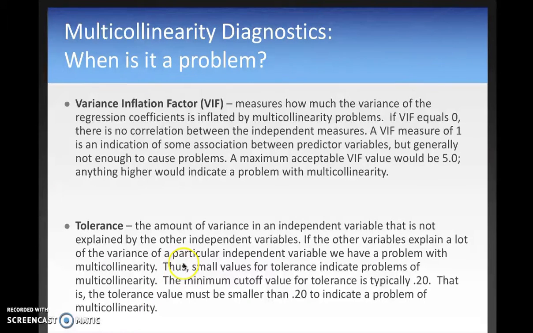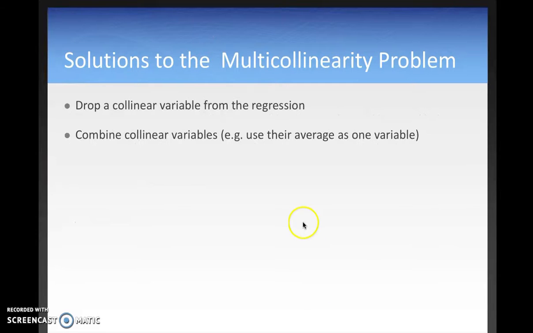For the diagnostics of multicollinearity, we have two indicators, VIF and tolerance, that can help us decide if we actually do have a multicollinearity problem. The VIF rule of thumb is that it should be smaller than 5, and the tolerance should be larger than 0.20. If it's smaller than 0.20, then we have an indication that we have a problem of multicollinearity. If that is the case, what do we do?